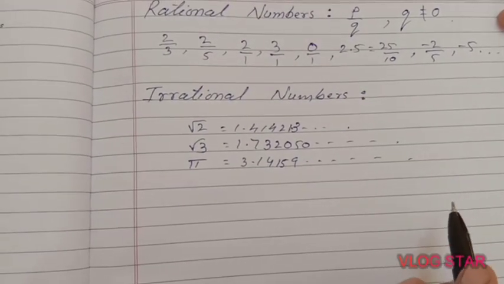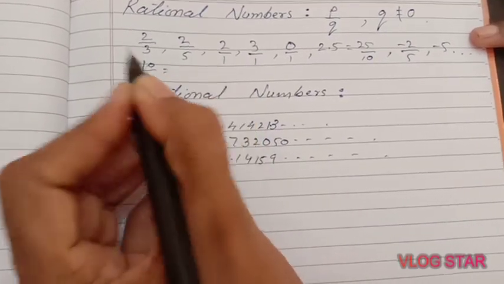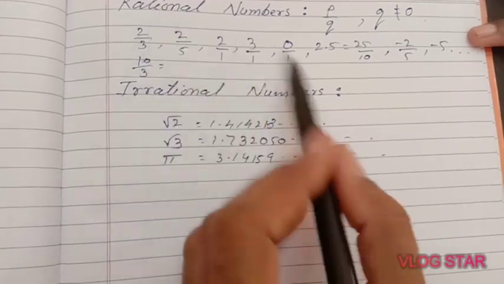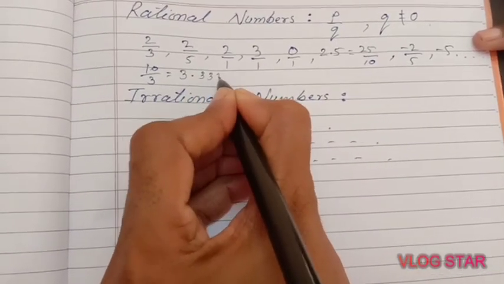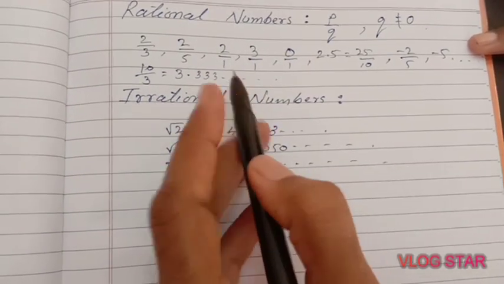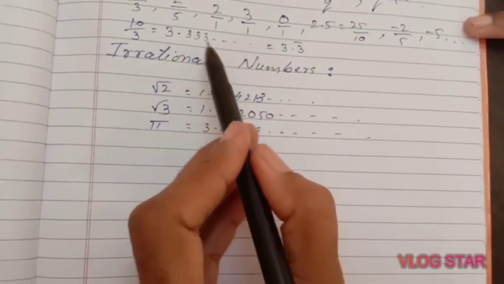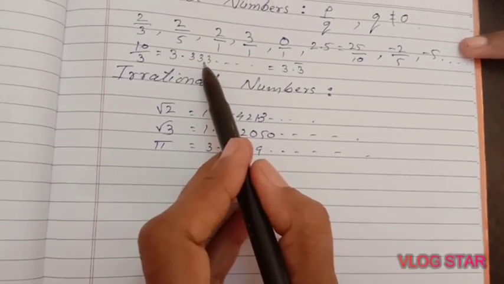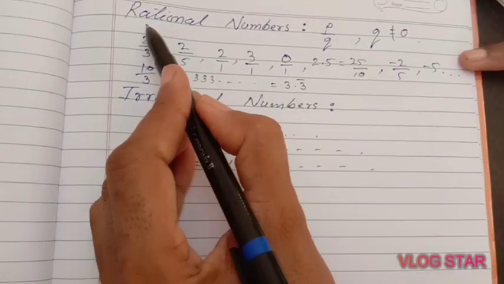Now the question arises, is 10 by 3 a rational number or irrational number? It is rational number because if you solve this, you are getting 3.3333 and so on. It is non-terminating, but it can be written like this because here 3 is recurring. That means 10 by 3 is non-terminating but recurring. So it is a rational number.